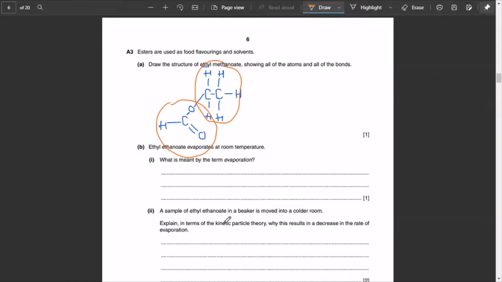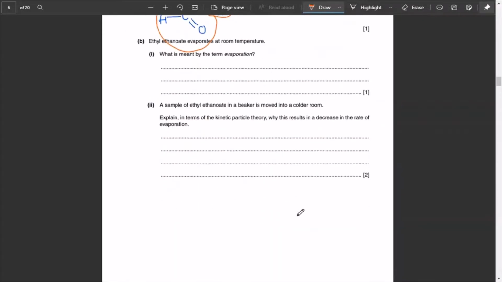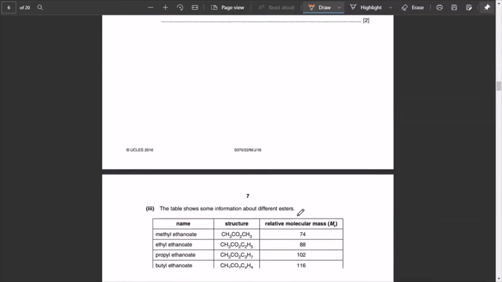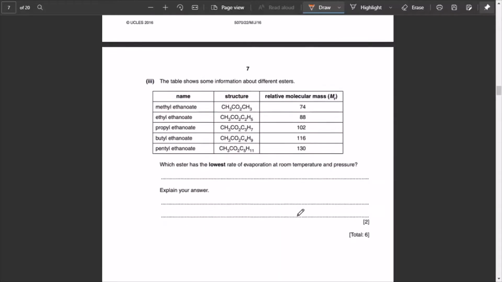They are moving slower because of less kinetic energy, and they do not have enough energy to escape. Because of the low temperature the energy decreases, and thus all of this happens, and you can easily gain 2 marks with it.